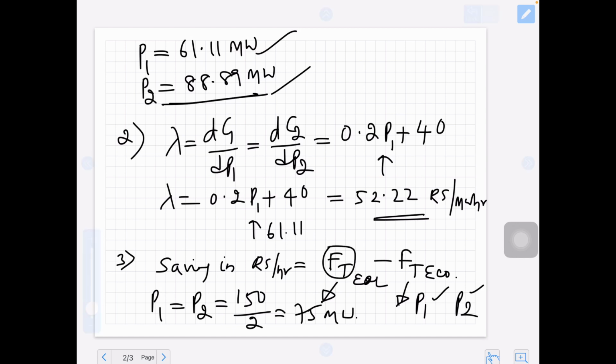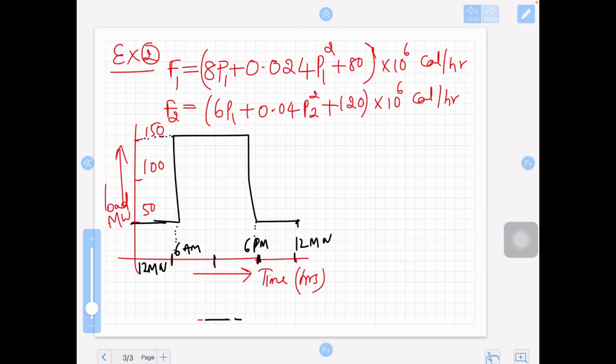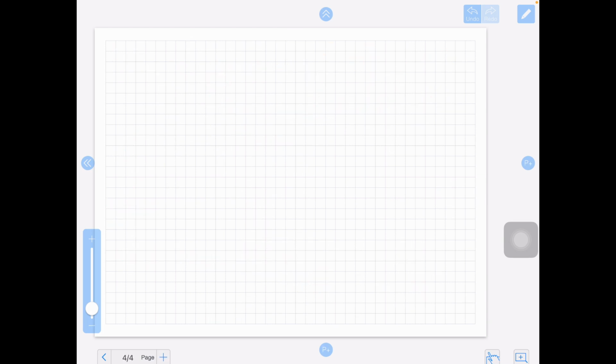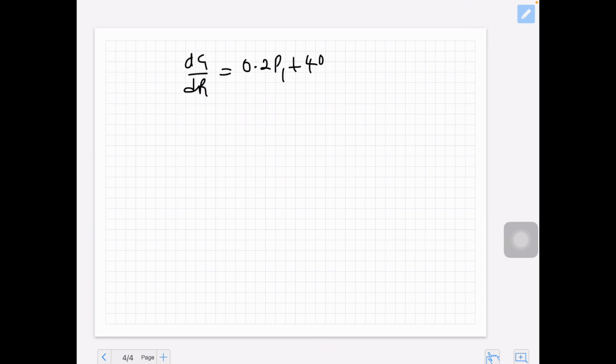So we have to find the cost equation. In that cost equation, if you substitute for P1 and P2, we will get the final answer. We have the incremental cost equation, dC1 by dP1, that is given by 0.2 P1 plus 40.